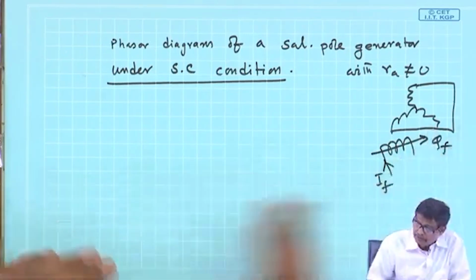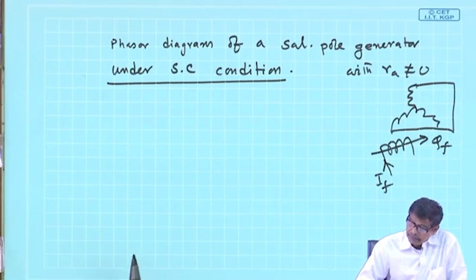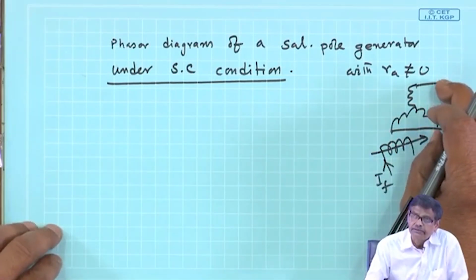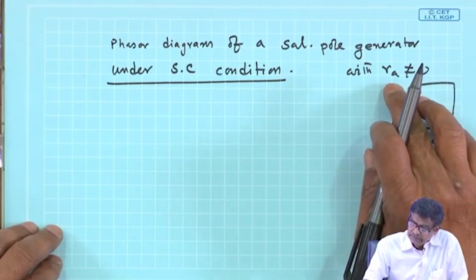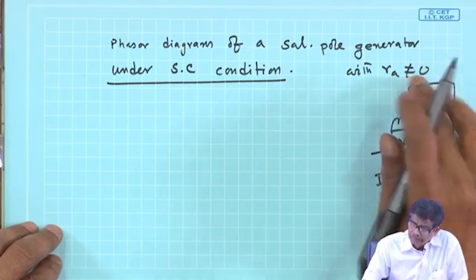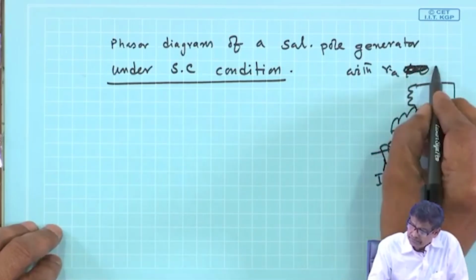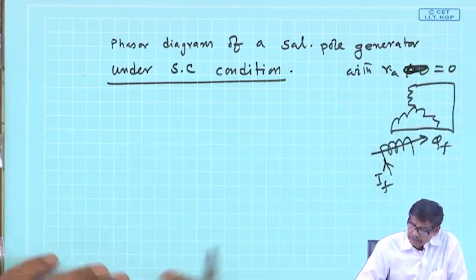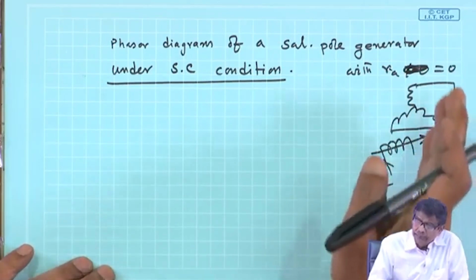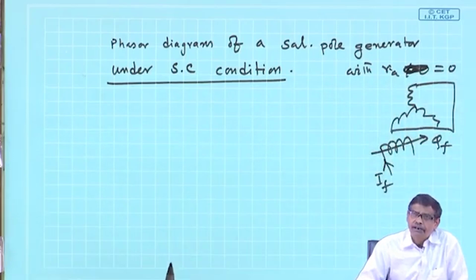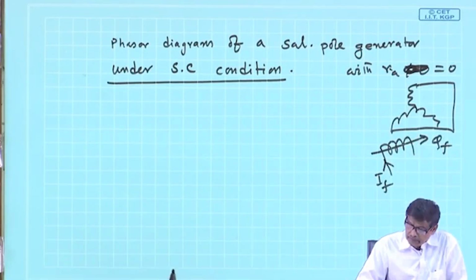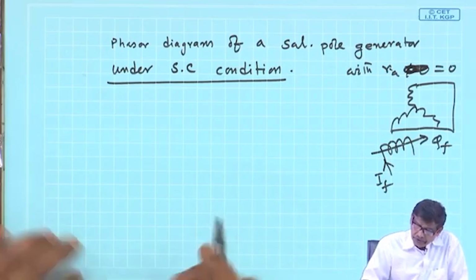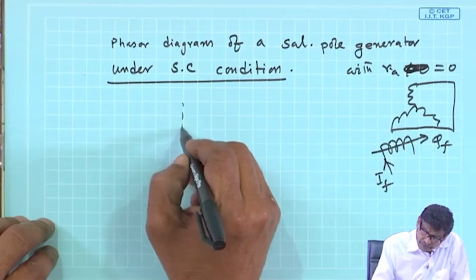I want to find this out. Now, terminal voltage is 0, then V plus this impedance drop. Suppose RA equal to 0, let us do the simple case first. Then this armature current will be almost lagging by 90 degrees, after all no resistance, so it will have an inductive effect.